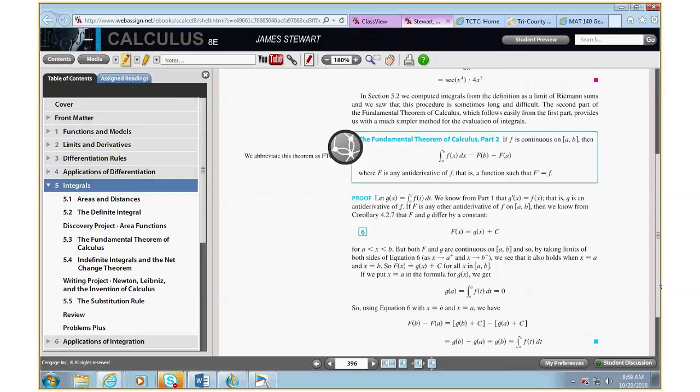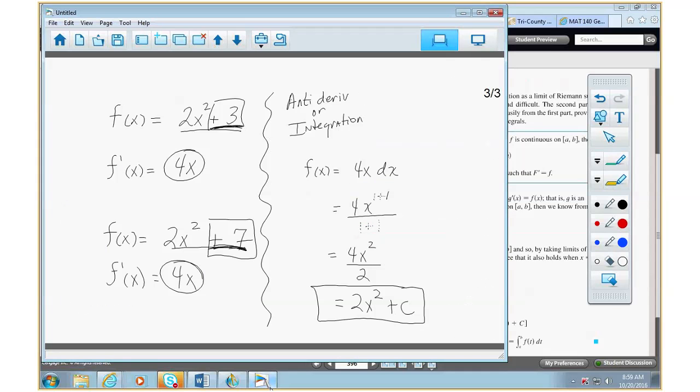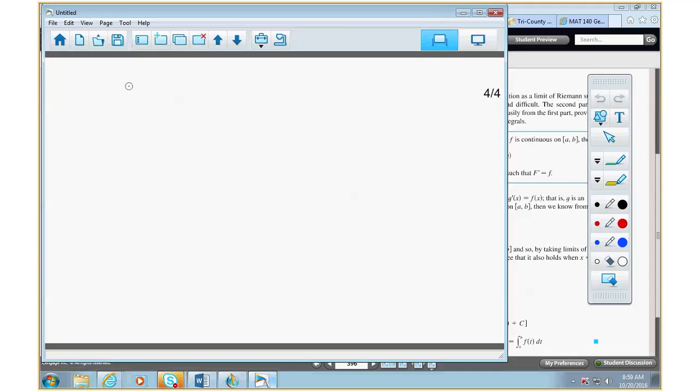the sign for the antiderivative is the little squiggle sign. So if I tell you I want you to take the antiderivative of 3x squared dx, then you're going to pull that 3 out. You don't need 3, so pull it out. X squared dx. And that'll give you x to the what?